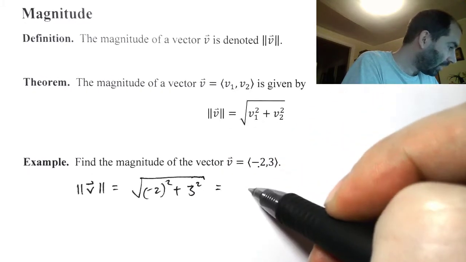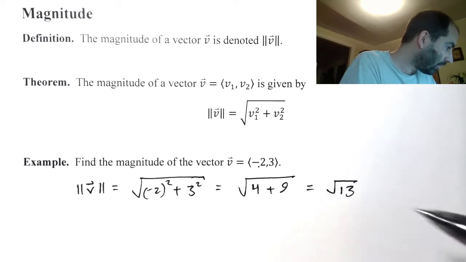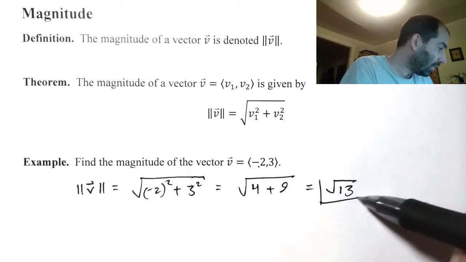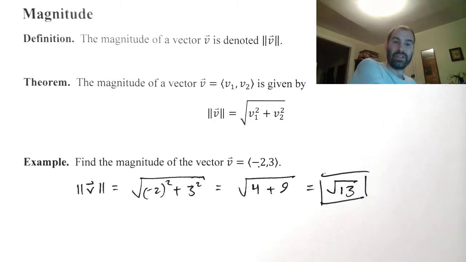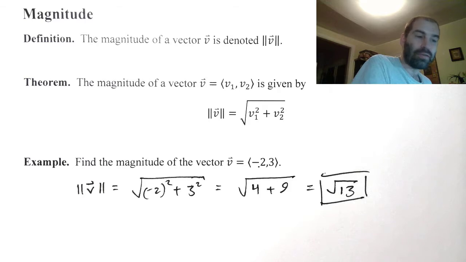Let's see what we get here. We get the square root of 4 plus 9. That's the square root of 13. If I could simplify that radical, I would, but this is in simplest form, so it's already reduced as far as it can go. That is the final answer. That is the magnitude of the vector. It's as simple as that. Just an application of the Pythagorean theorem.